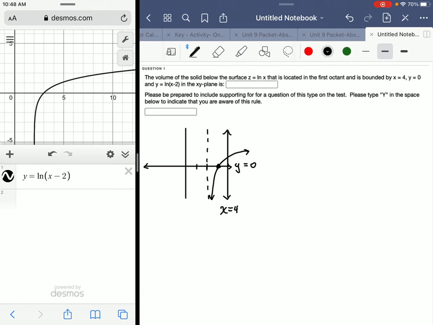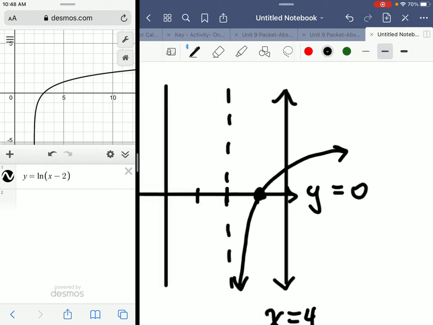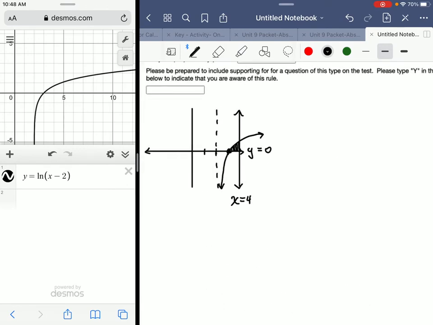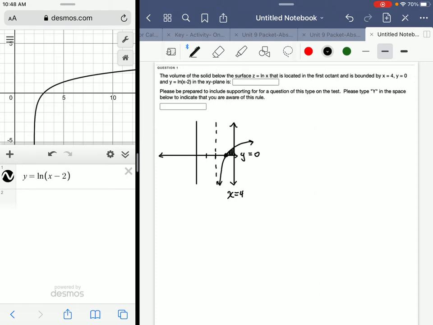All right, so it's in the first octant, so it's going to correspond to the first quadrant in the xy plane as the base region. So a little bit of a smidge here. That's what we're focusing on. So we would need to restrict our domain for x and y based off of that information.